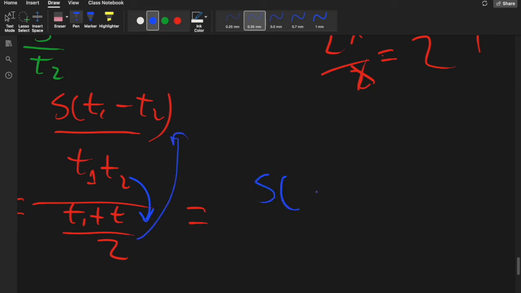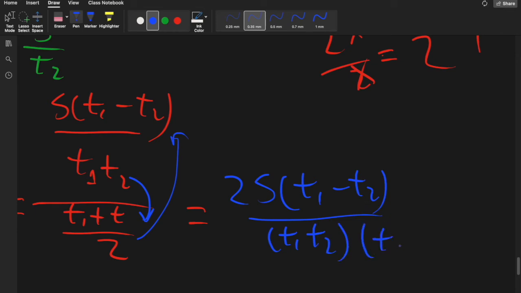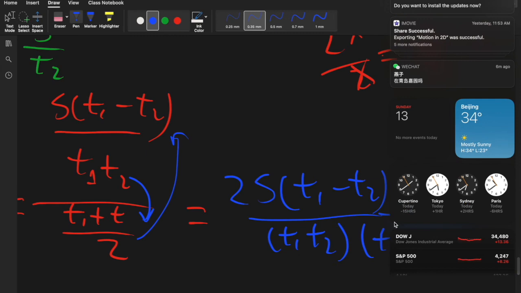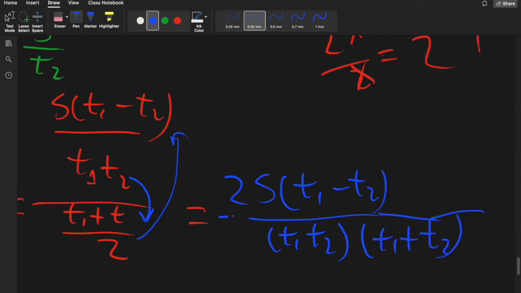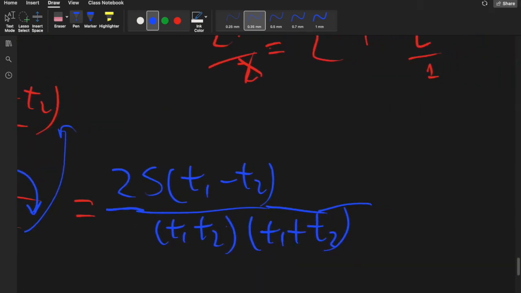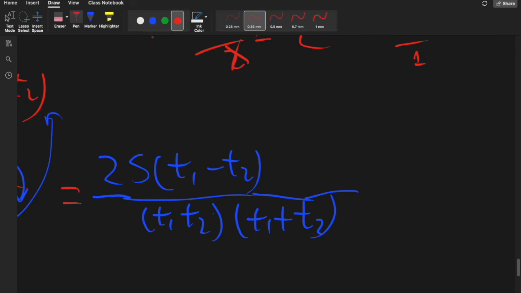So S times (T1 minus T2), and then the 2 will go up, so 2 over T1 T2 times T1 plus T2. So this part here is the answer for this problem.